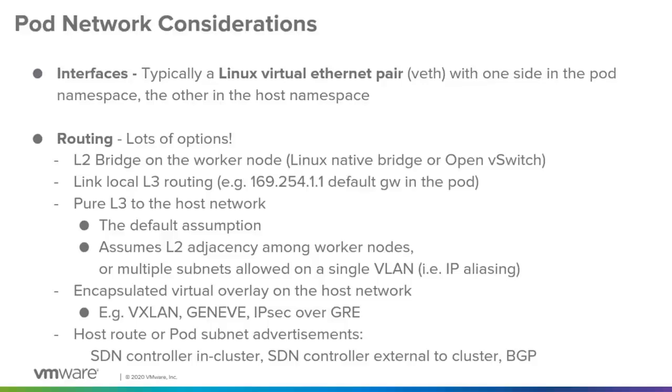And it assumes one of 2 things in your underlying host network. Either it assumes layer 2 adjacency so that you can just dump IP and the other nodes will listen and answer ARP requests for that and grab the packets, or it assumes that multiple subnets are allowed on a single VLAN, i.e. IP aliasing. This latter assumption is very common on public cloud.